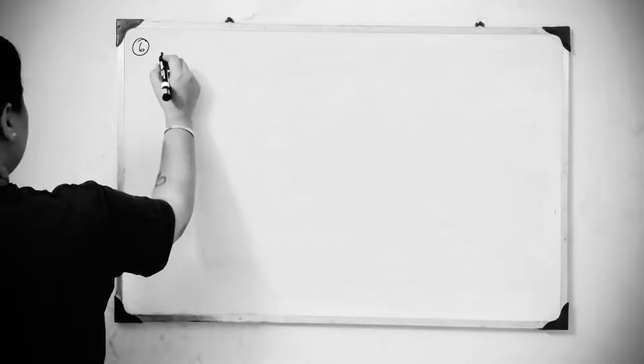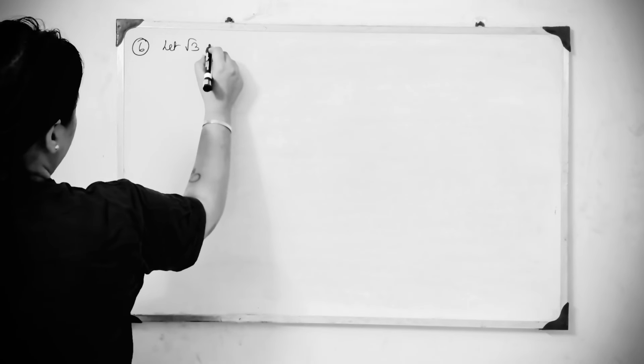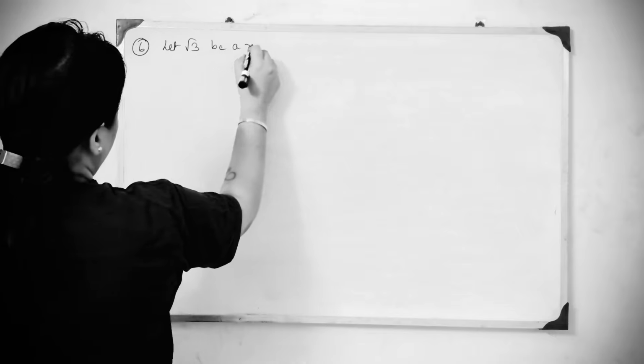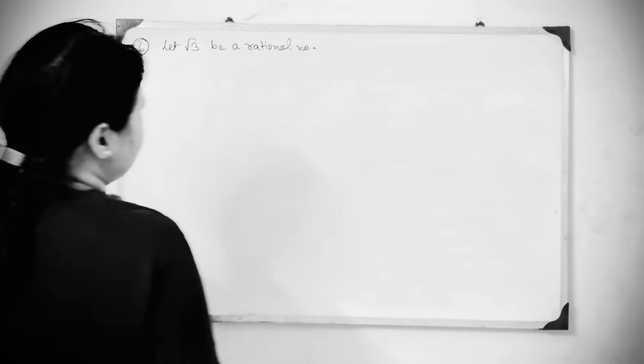So the first part of the sum is telling root 3 is an irrational number. Let root 3 be a rational number.